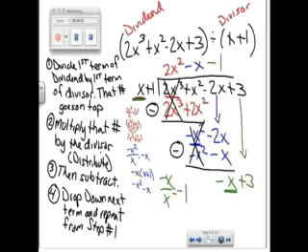Multiply that number by the divisor. Okay? The dividend is being divided by the divisor. Distribute negative x minus 1. And that's what goes here.